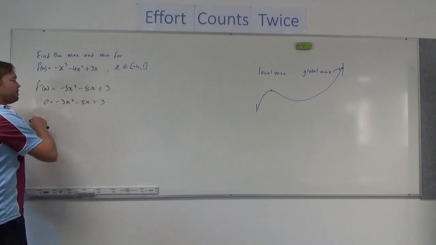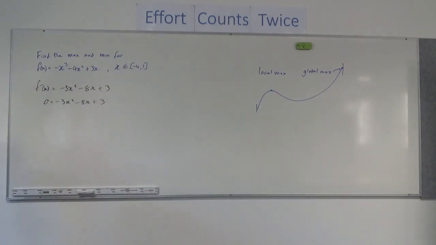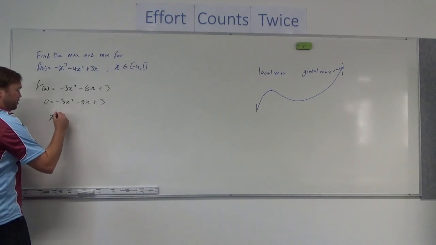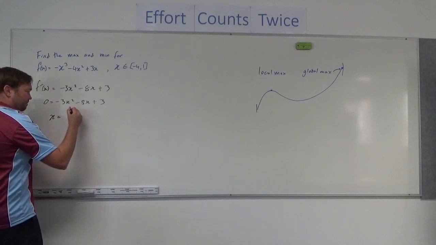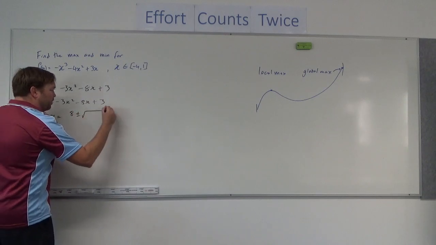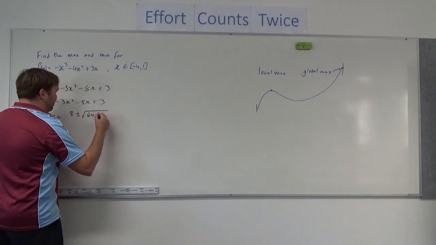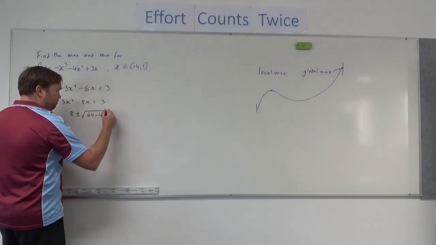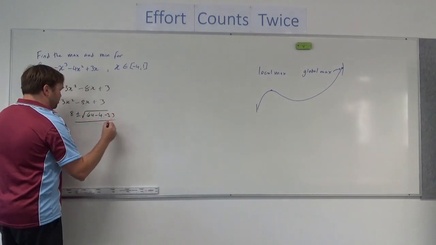You need to find some sort of way to factorize this or use quadratic formula. If you're not sure about factorizing, then just go straight for quadratic formula. Here I can't remember if I set myself the one that is factorizable, so I'll use quadratic formula. Minus b plus or minus square root of b squared take 4ac on 2a.